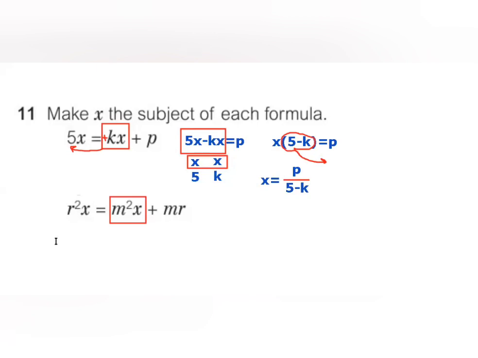So I'm going to write r squared multiplied by the x. And then this one is positive, so here it's going to be negative. So negative m squared, multiplied by the x. Same idea. And then equals mr.